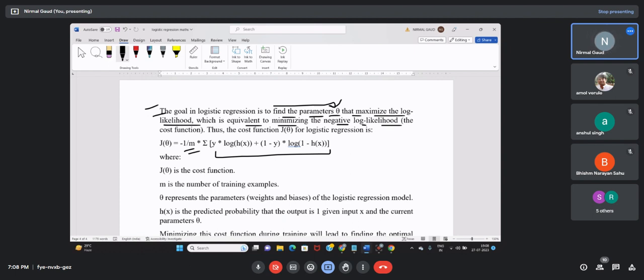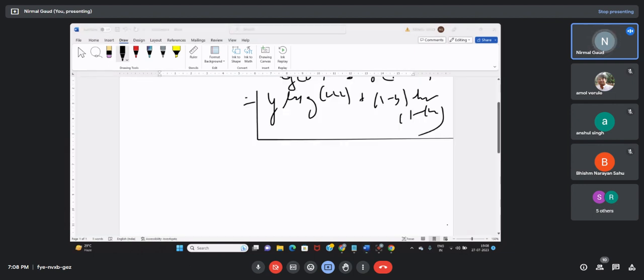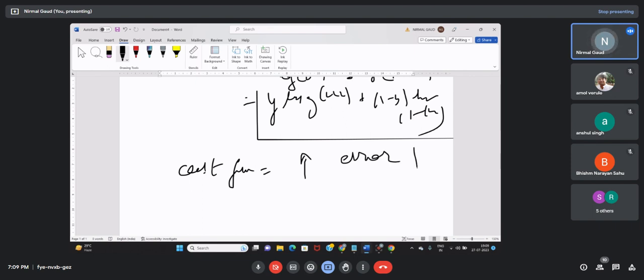If you maximize something and there is a minus sign in front of it, obviously its value will go down. Remember the cost function, and why they put a minus sign. If I calculate y log h(x) plus 1 minus y log of 1 minus h(x), and its value is more, obviously you're going to have errors, isn't it? What is my goal? To reduce the error.